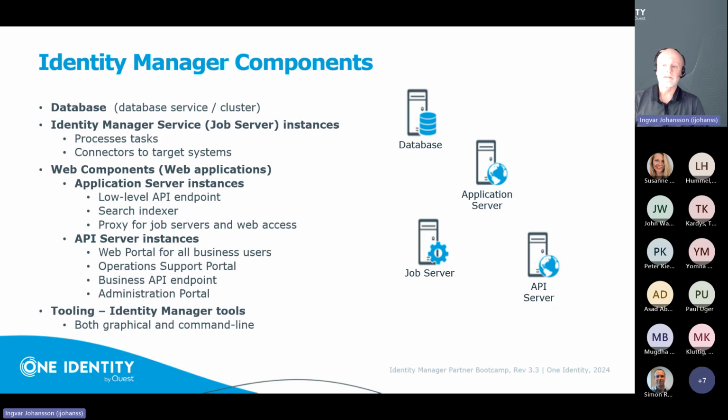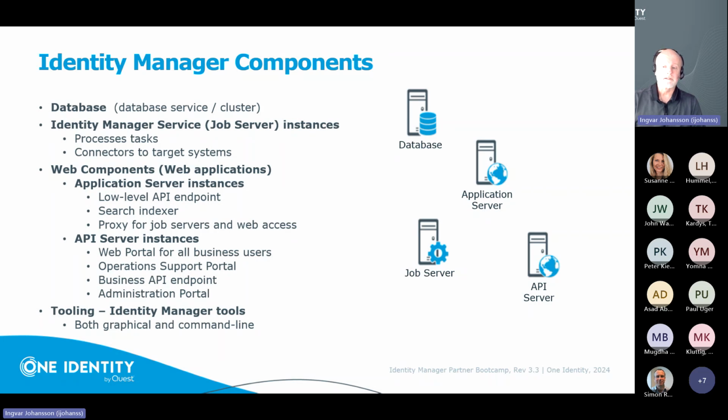Now, obviously the database is the central part of it, and we don't provide the database, of course, so the customer needs to provide the database itself. And then we have a component called the Identity Manager Service. That is almost always referred to as the job server. A job server is literally, if you install it on a Windows machine, a Windows service.